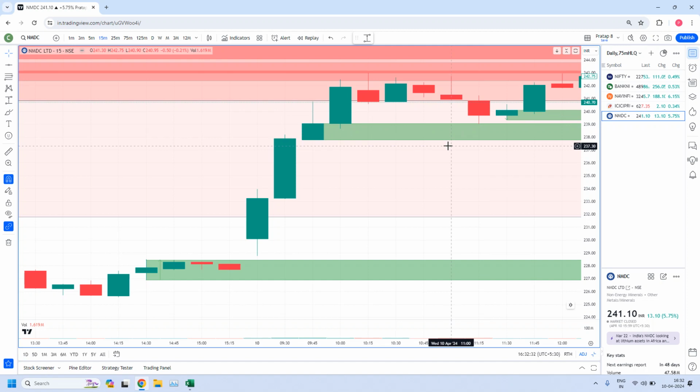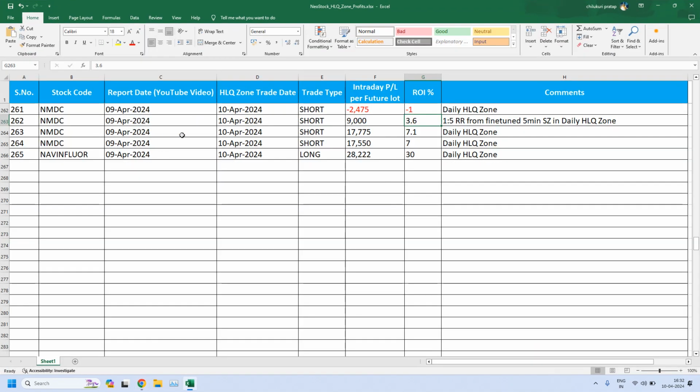That means within 1 hour this trade is completed. This is the entry and finally it reached the target. And this is the way NMDC has given 17,775 rupees profit, which is 7.1% ROI as per one futures lot.